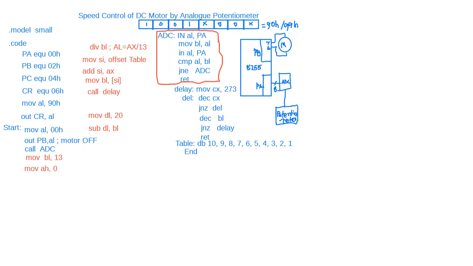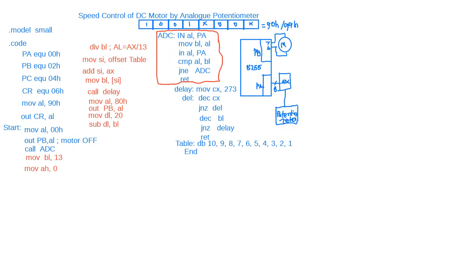That means bit 7 is 1 and all the other bits are 0, so 80h. If you send 80h, the motor is on. Then out port B, al. So the motor is on.